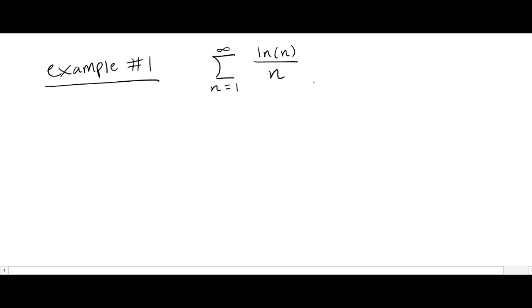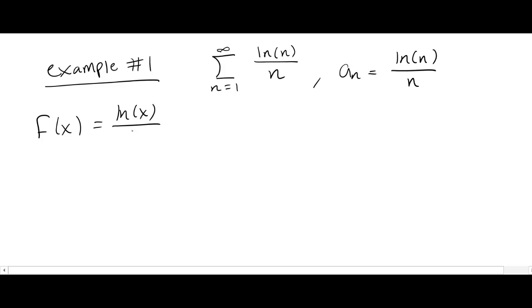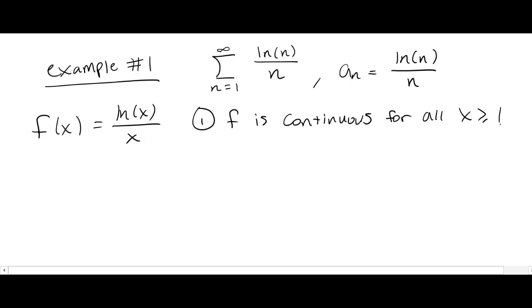So in this example, our sequence an is the natural log of n divided by n. We can let our function f be defined by f of x equals ln of x divided by x. We can check that f is continuous for all x bigger than or equal to 1.